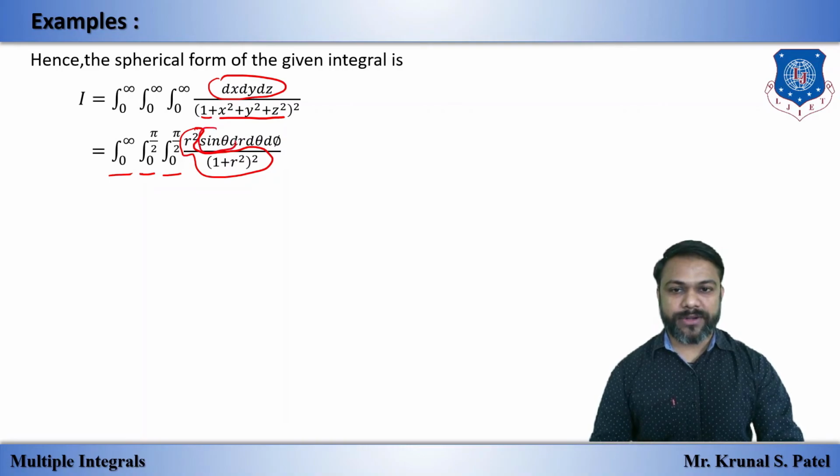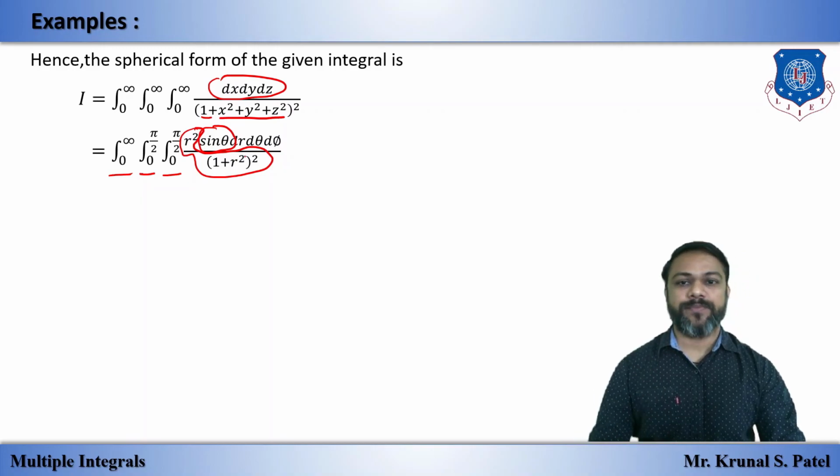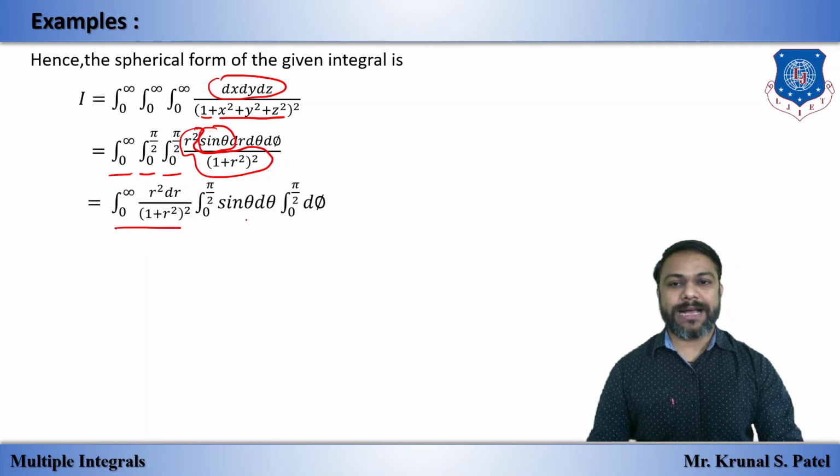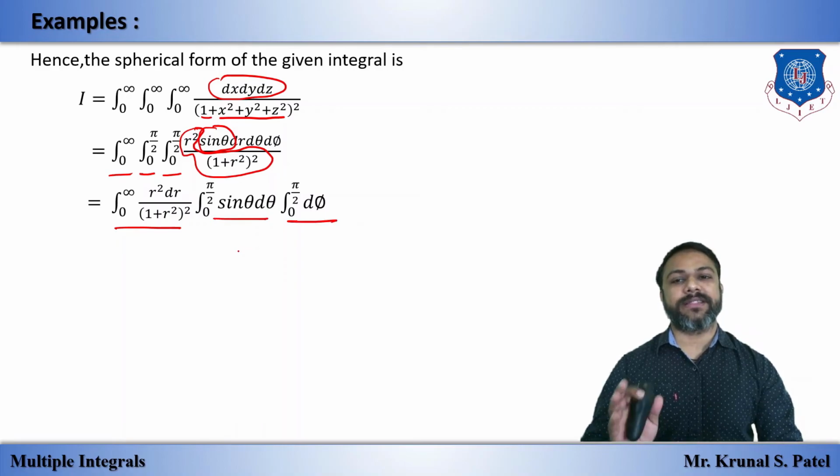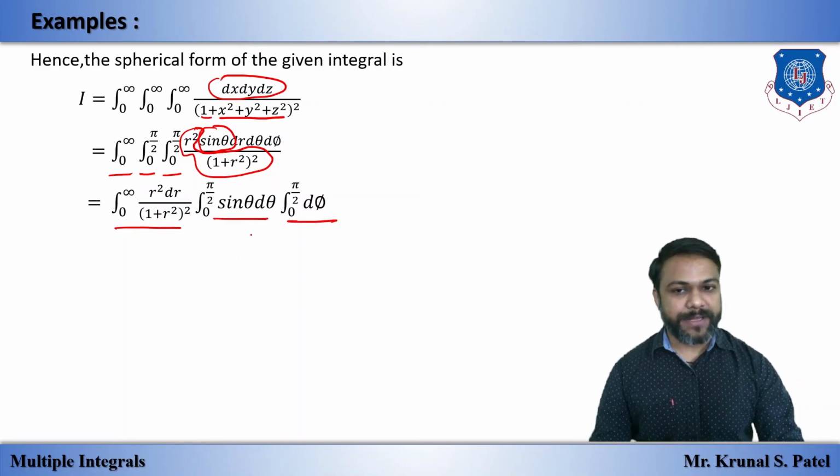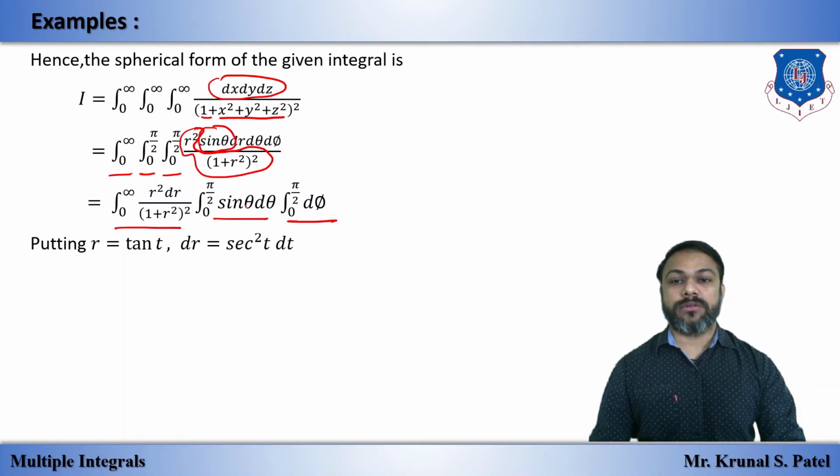This is the term of theta, which we can separate as we discussed in the very first lecture. So this is r, this is theta and this is phi, and we can integrate these three separately. It is easy to integrate this: integration of sine is minus cos, and integration of 1 is pi.